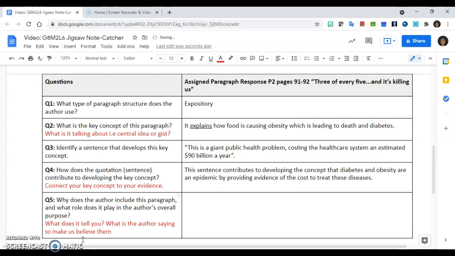And when we say to make us believe them, we're talking about their purpose and what they want us to believe overall, not just in this paragraph. And for this particular paragraph, they include research, facts, data, statistics that supports the point of view that how we eat is unhealthy.